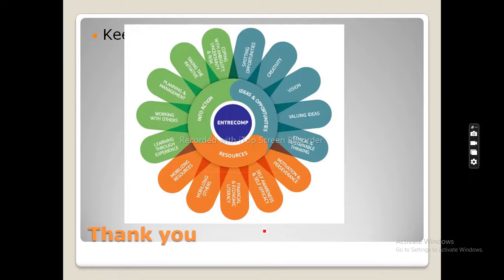You can see this is a chart basically. Vision should be there, creativity should be there. These days in a market, individuals are loaded with information. So we should provide them something unique in the matter of service, things which are not there in other areas. Like that, a business will grow.